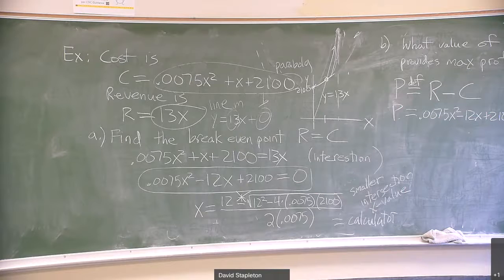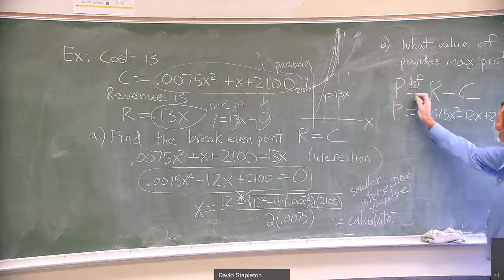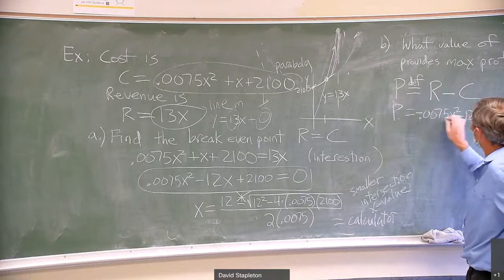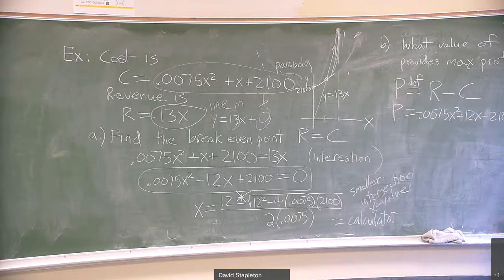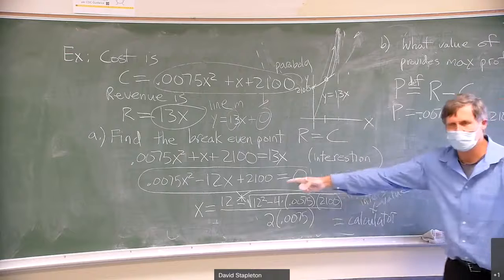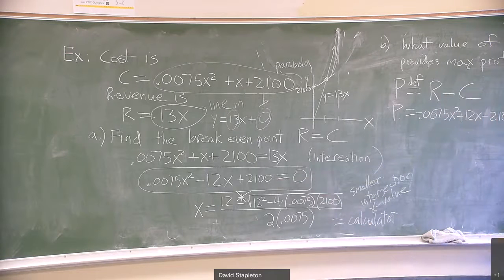Oops, I wrote this backwards though, didn't I? Revenue minus cost gives minus this one, plus this one, and minus this one. There's revenue minus cost. So it's just minus this function. So how do I find the maximum? We got a clue.